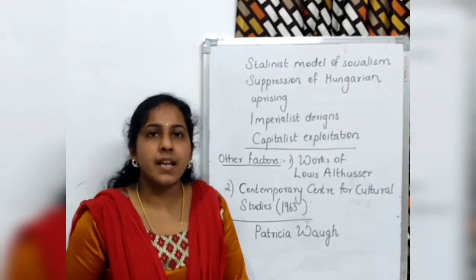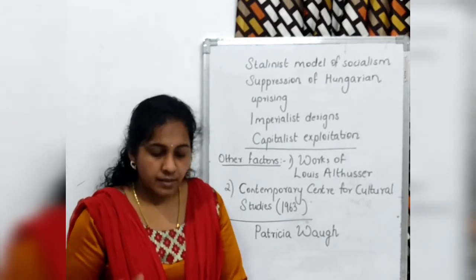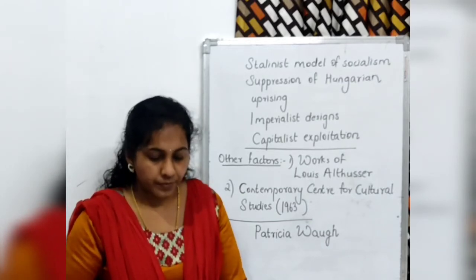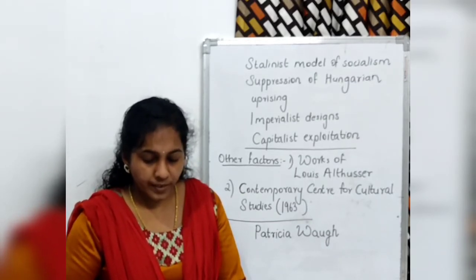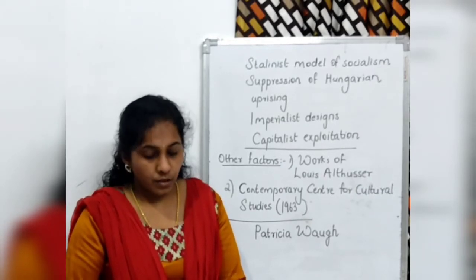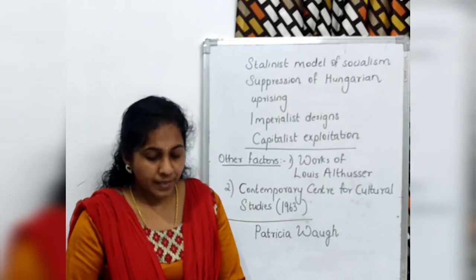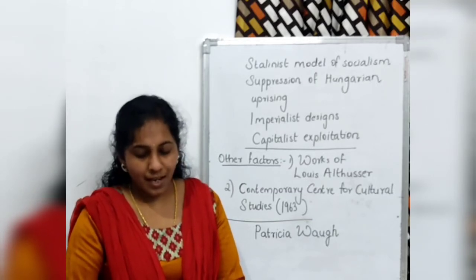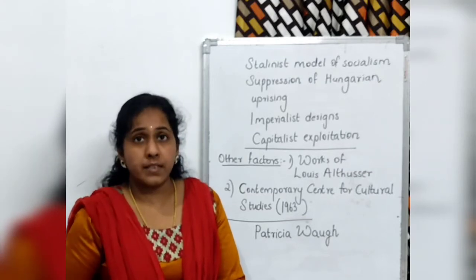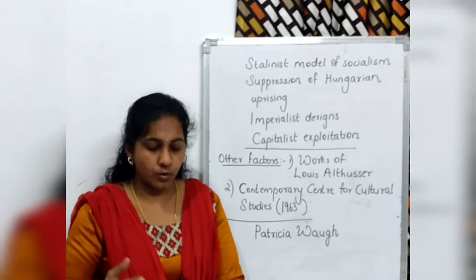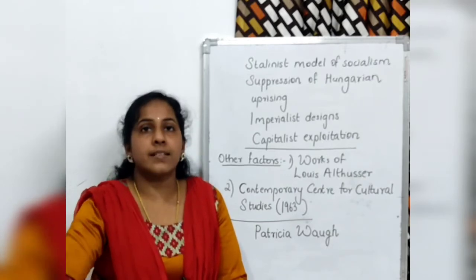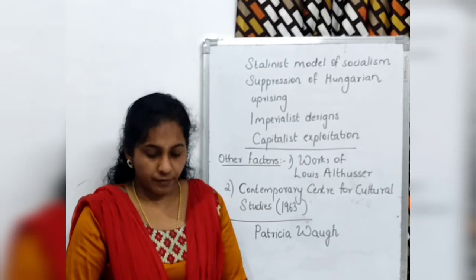So what is this Stalinist model of socialism? Since he was a dictator, from 1929 to 1953, under Stalin, the Soviet Union was transformed from a peasant society to an industrial and military superpower. Which means that there was development in the industrial sector, and it also arose as a military superpower.